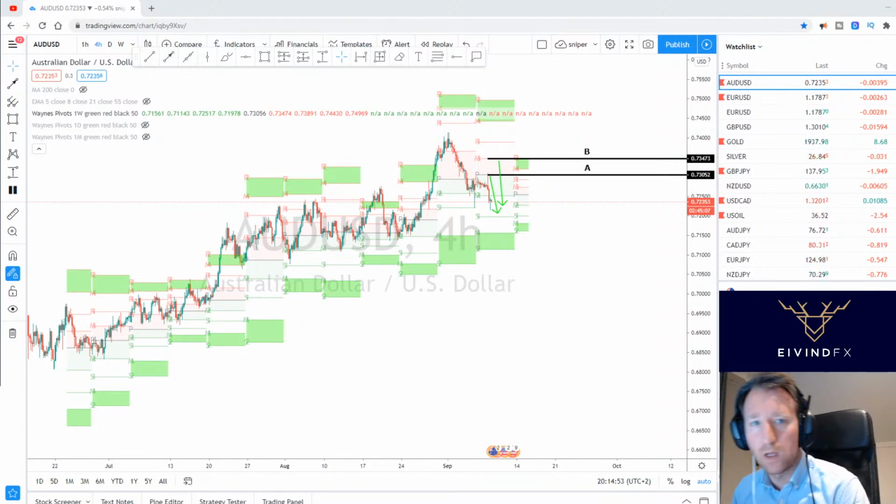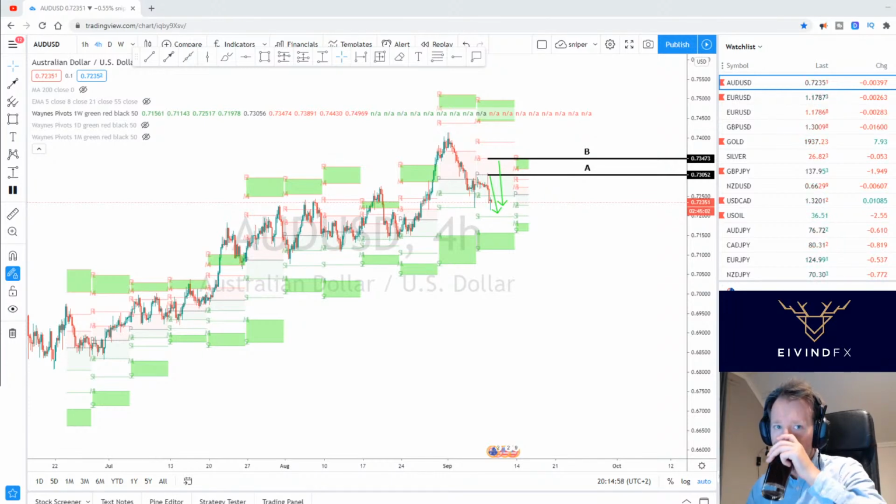So if you're trading US dollar, for example, Aussie dollar, Australian dollar, American dollar, just take that for example. What are you looking for? What do you want to see?